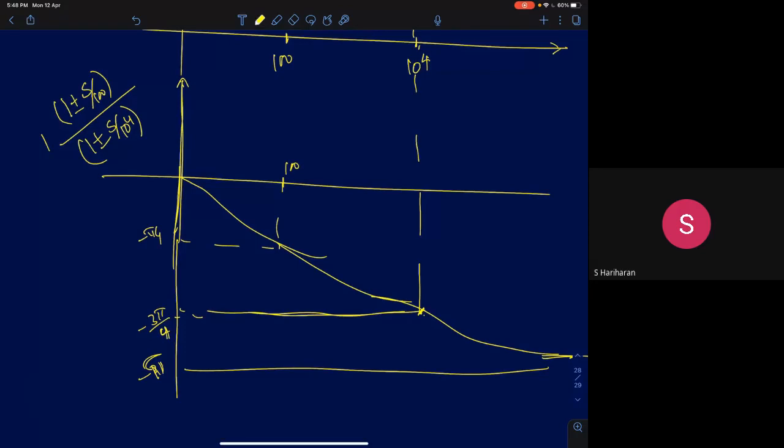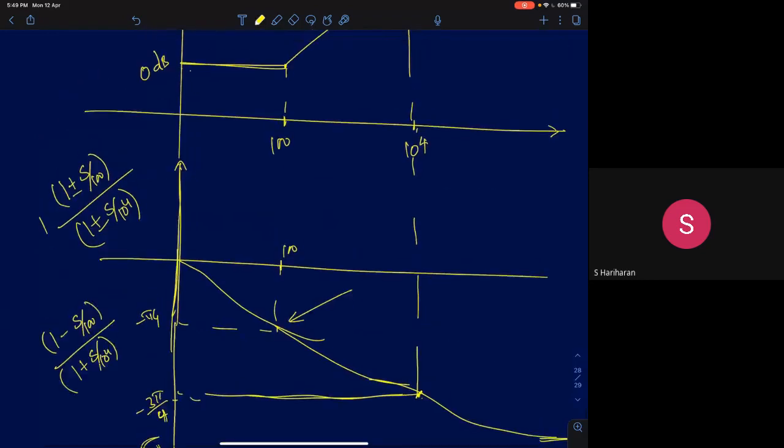So now can you tell me what is the transfer function? The 0 is a right half plane 0. It is 1 minus s by 100 divided by 1 plus s by 10 power 4. Why is the 0 in the right half plane? Because the phase shift is negative. Even though it is a 0, the phase shift is negative. If the phase shift is negative, then you know it's a right half plane 0.